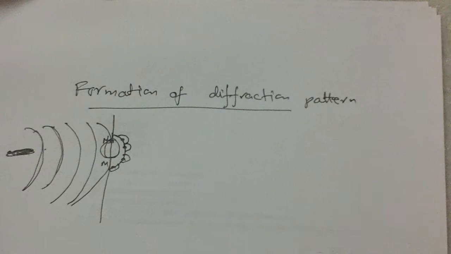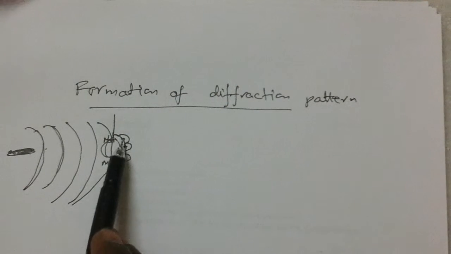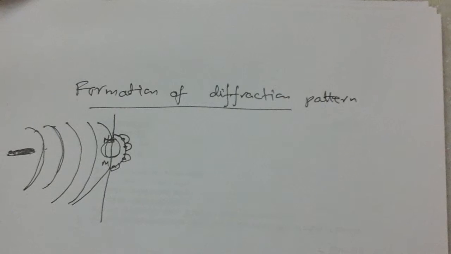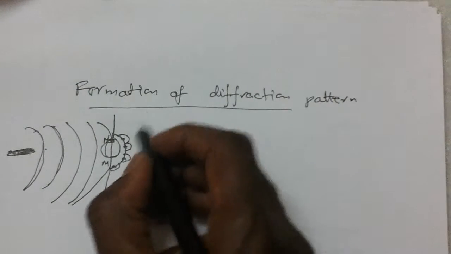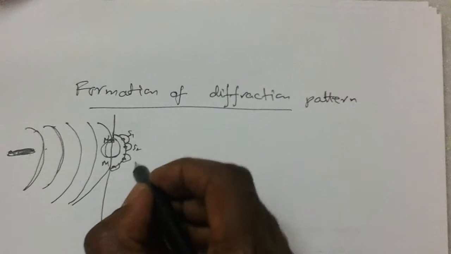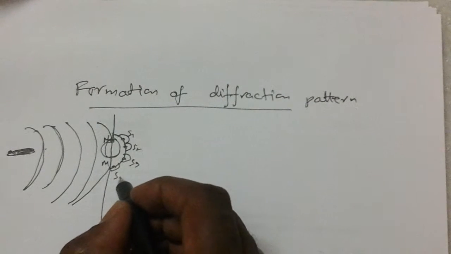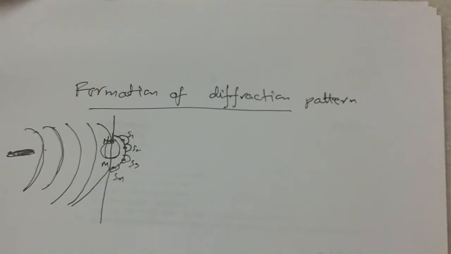So 1, 2, 3, 4, like this, S1, S2, S3, Sn, n number of secondary sources are present.